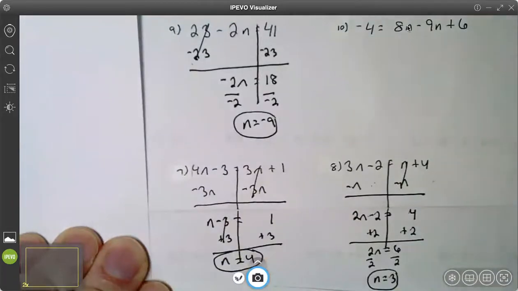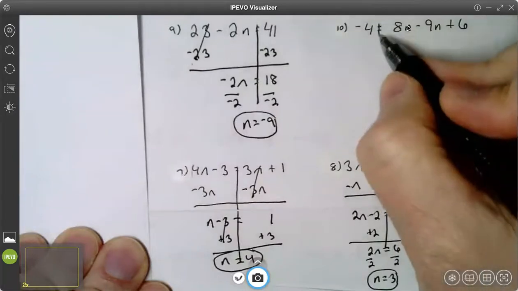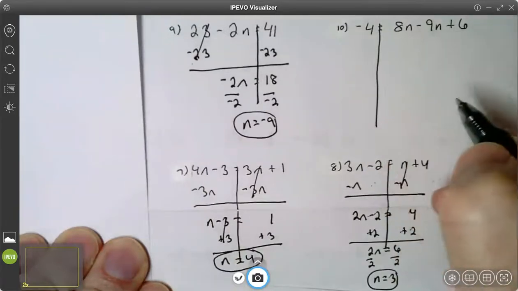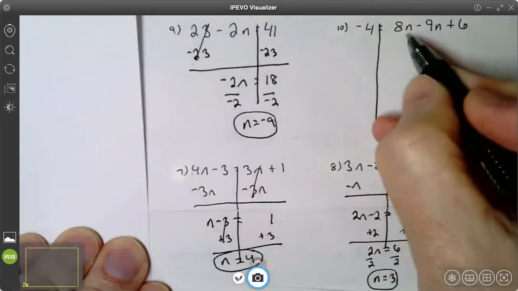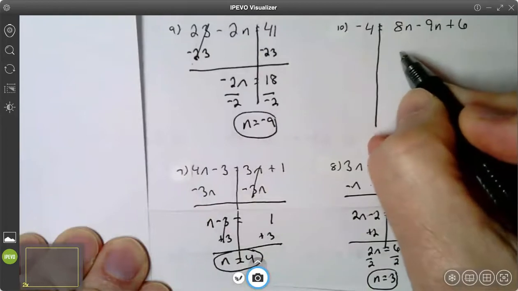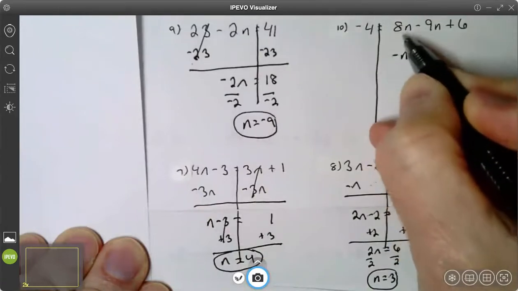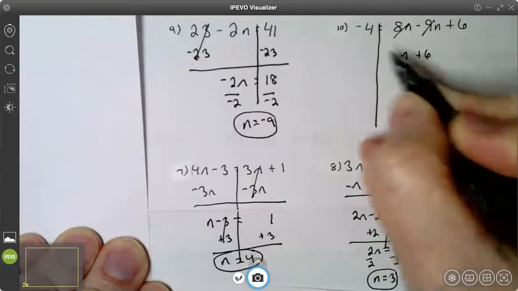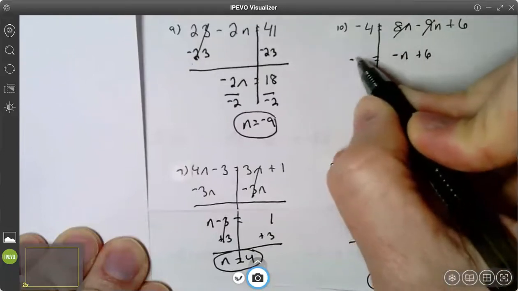On number 10, again, my variable is already on one side. This time, I need to simplify the right side before I try to get the variable by itself. I have 8n and negative 9n, which need to be combined to give me negative 1n. Bring down my plus 6. Bring down my negative 4.